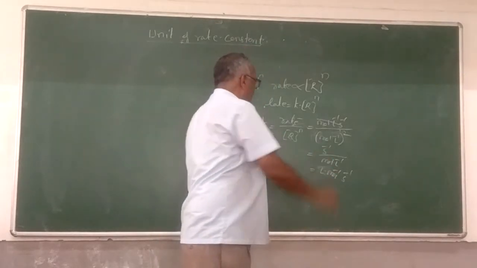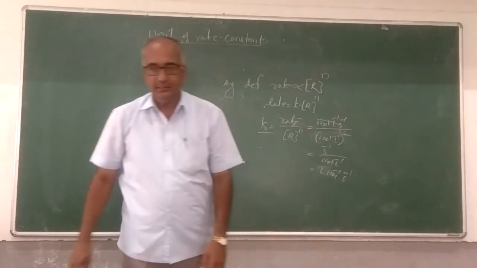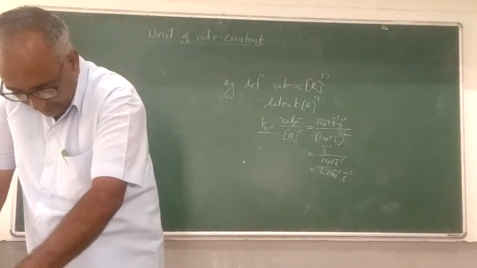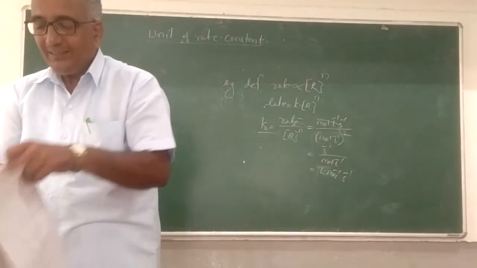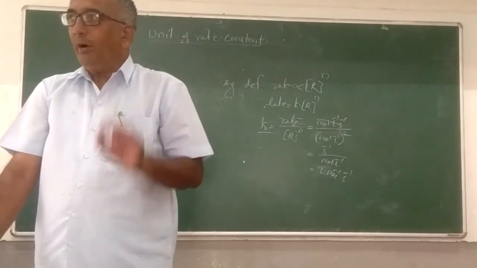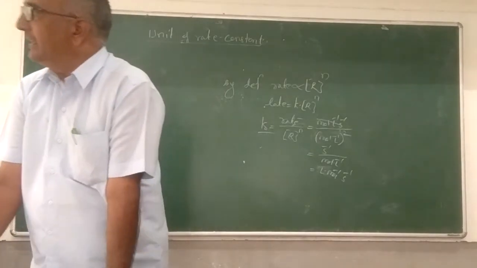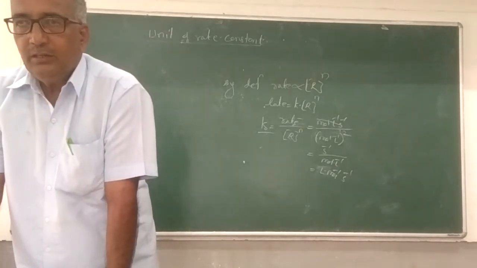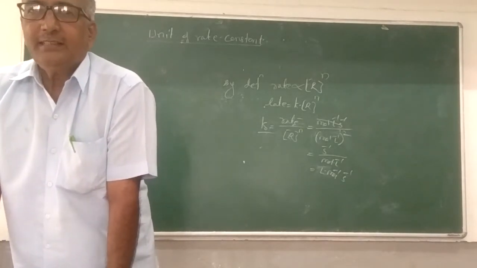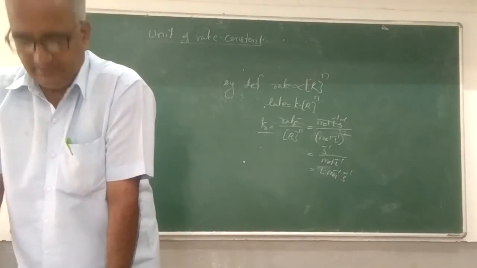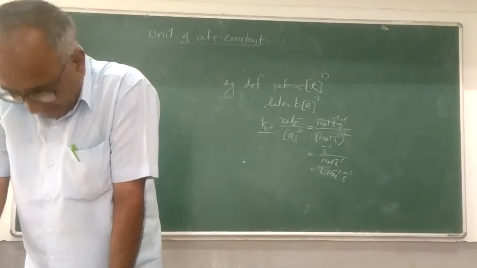That is the unit of rate constant for the second order reaction. Therefore, in the exam there is a question for 1 mark: what is the unit of rate constant for a zero order reaction, for a first order reaction, for a second order reaction.